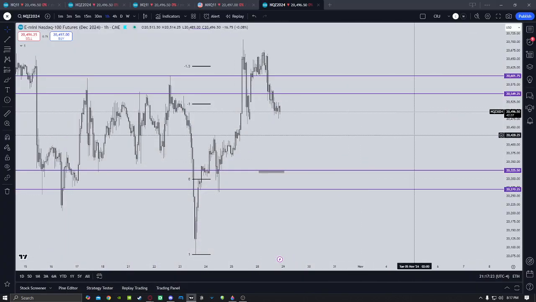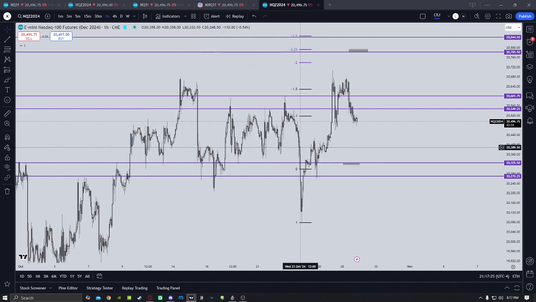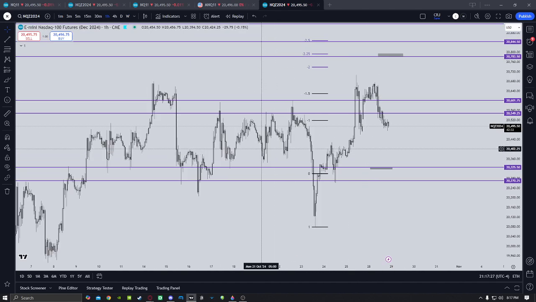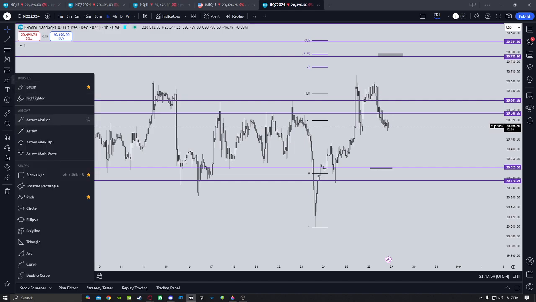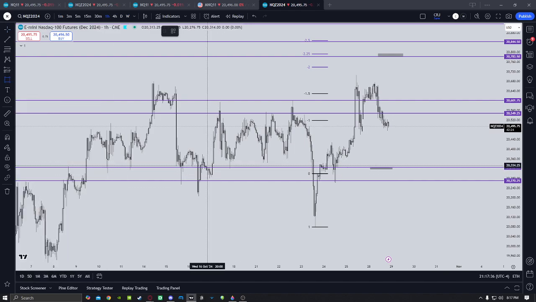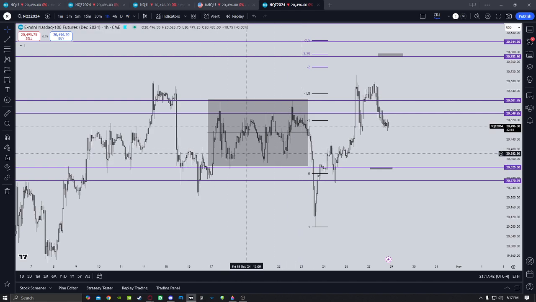So look, I'm gonna show you some examples. Would you agree, this is a balanced area? There's shelves right here. What do we do?